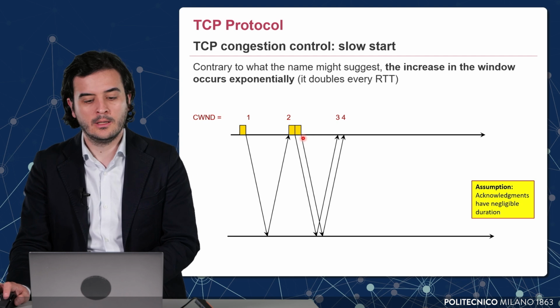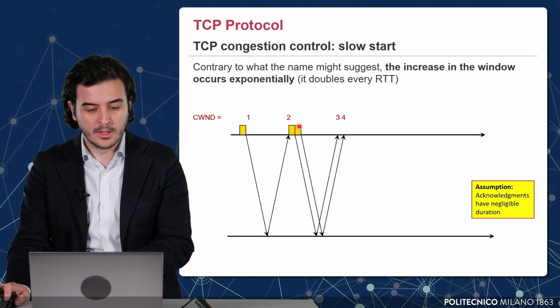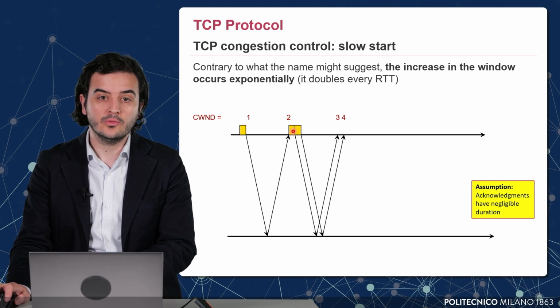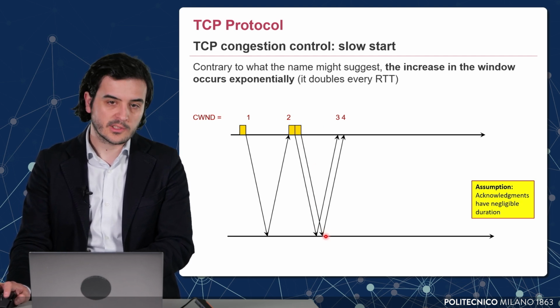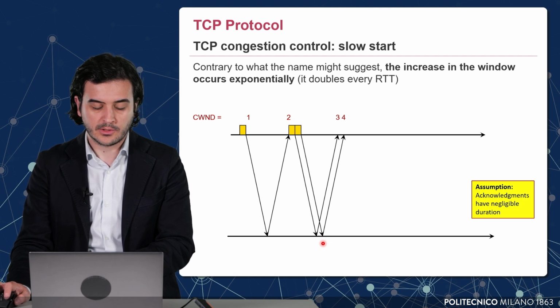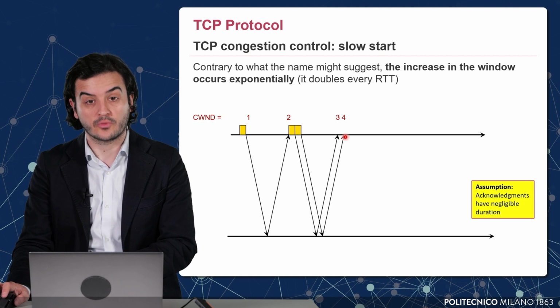In the same way, in the next transmission, the congestion window sends 2 segments, and for each of these segments there will be a corresponding acknowledgement message sent from the receiver towards the transmitter.